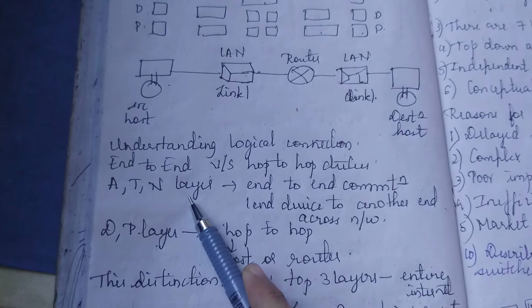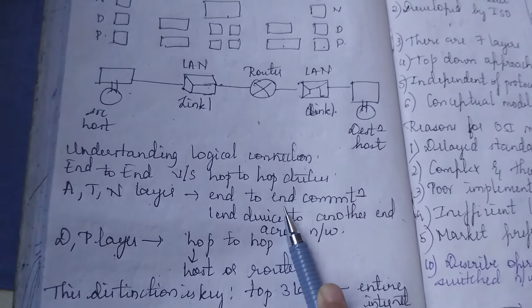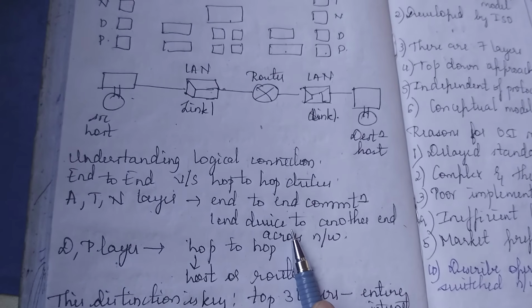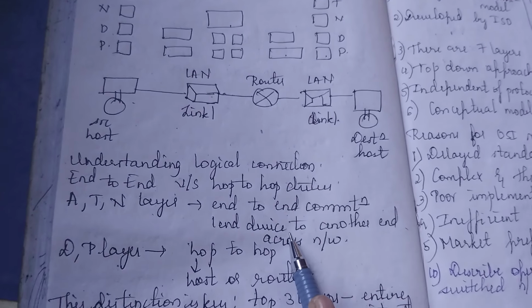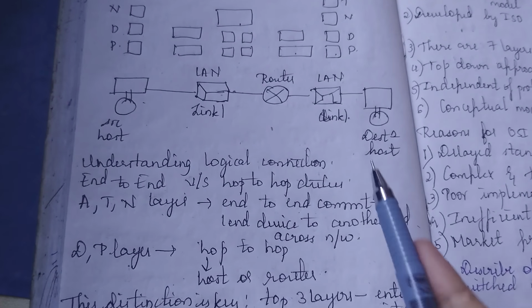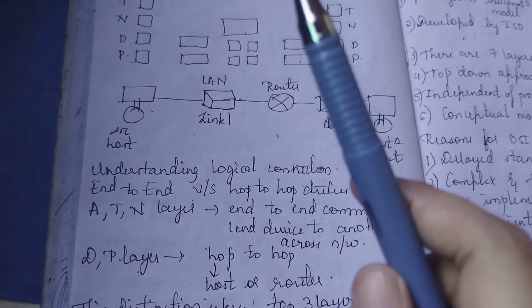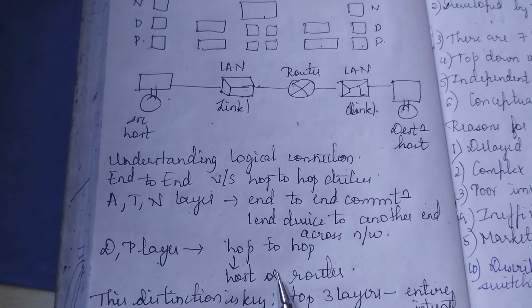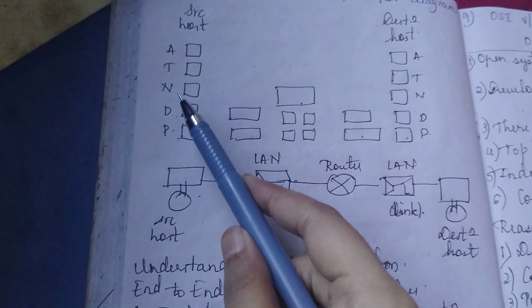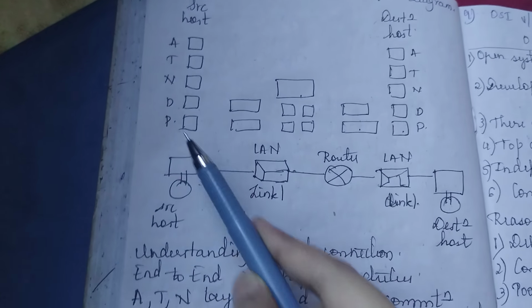So in the case of the ATN layers, we use end-to-end communication, from one end device to another end device across the network. That is how the data transfers. In the case of hop-to-hop, the host or the router is involved. This happens in the next two layers, data link and physical.